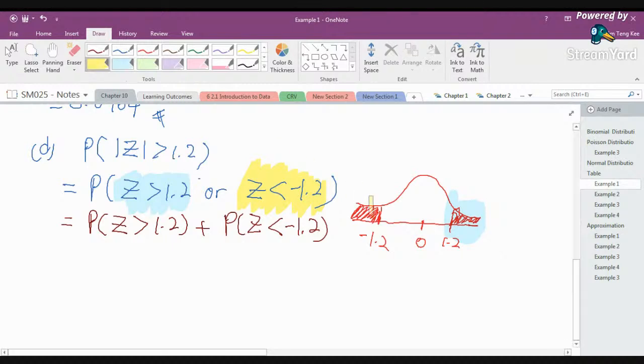However, we can't get the answer for the region highlighted in red from the table. But I noticed that this region is equivalent to the region highlighted in blue. In other words, these two regions have the same area, and therefore the region highlighted in yellow, this part here, I can rewrite as P(Z greater than 1.2).